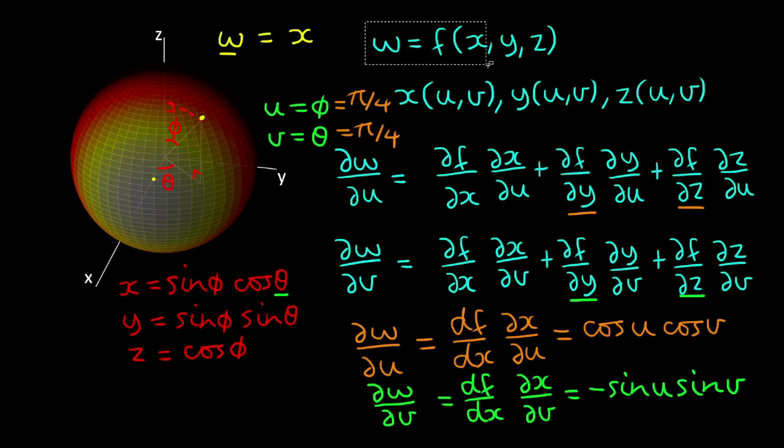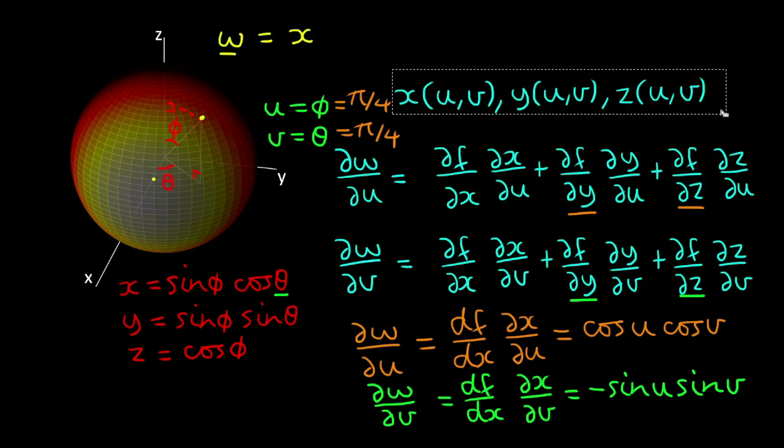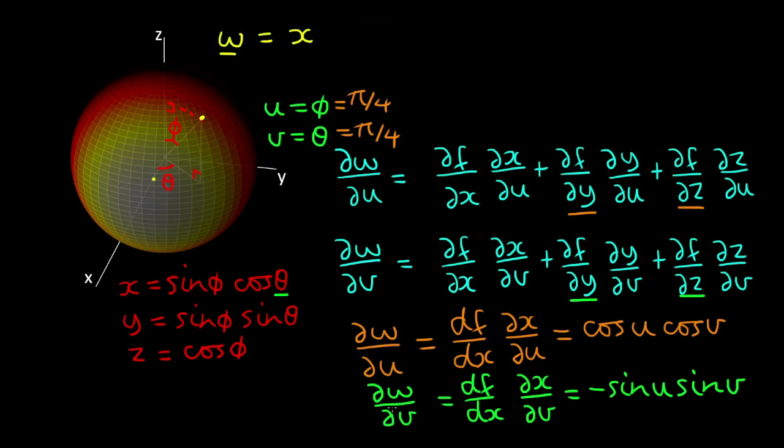Now let's make a bit of room. So if we evaluate these partial derivatives at pi on 4, so we have the partial of w with respect to u, where u and v are both pi on 4. So cosine pi on 4 is 1 on root 2 by cosine pi on 4 gives 1/2.